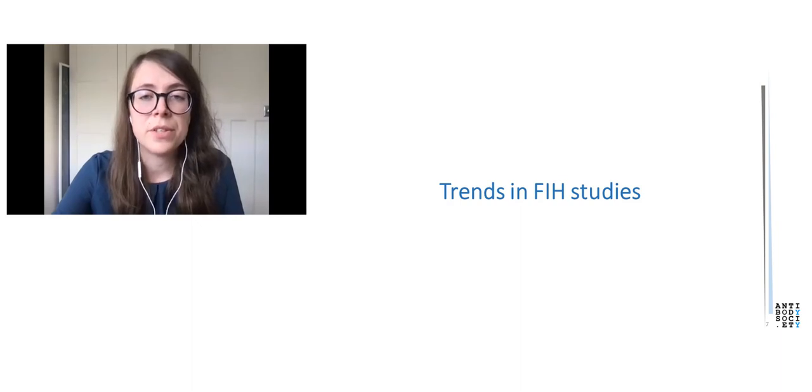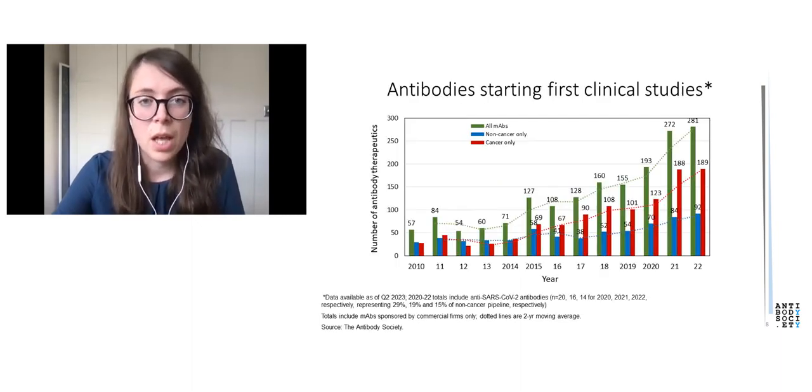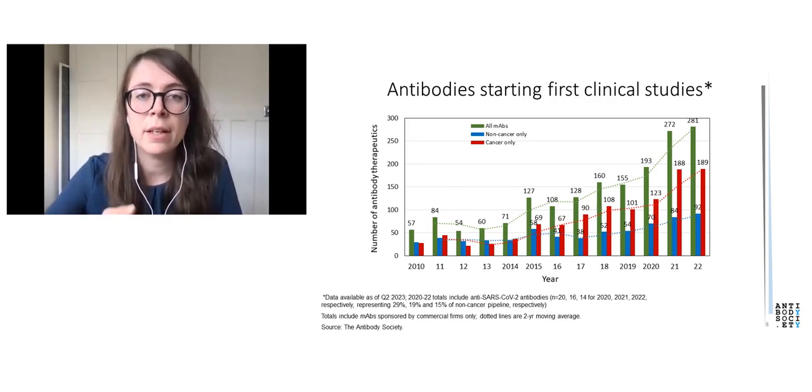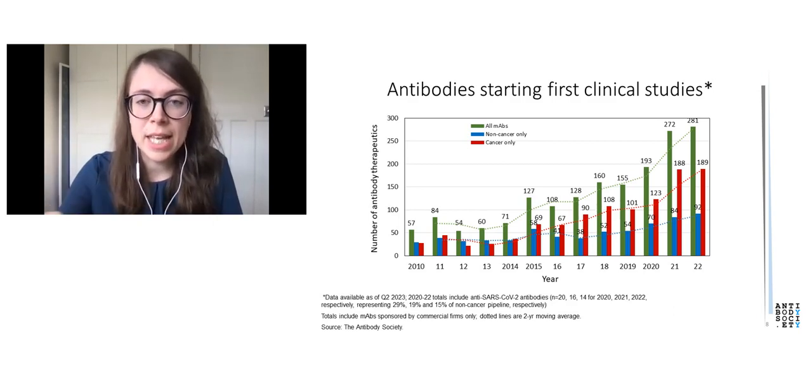So, trends in first-in-human studies. This graph illustrates the number of antibodies entering first clinical studies each year. If you look at the green dotted lines, which refer to all antibodies, we can clearly see that from 2014, there is a steady increase in the number of antibodies which entered first clinical studies.